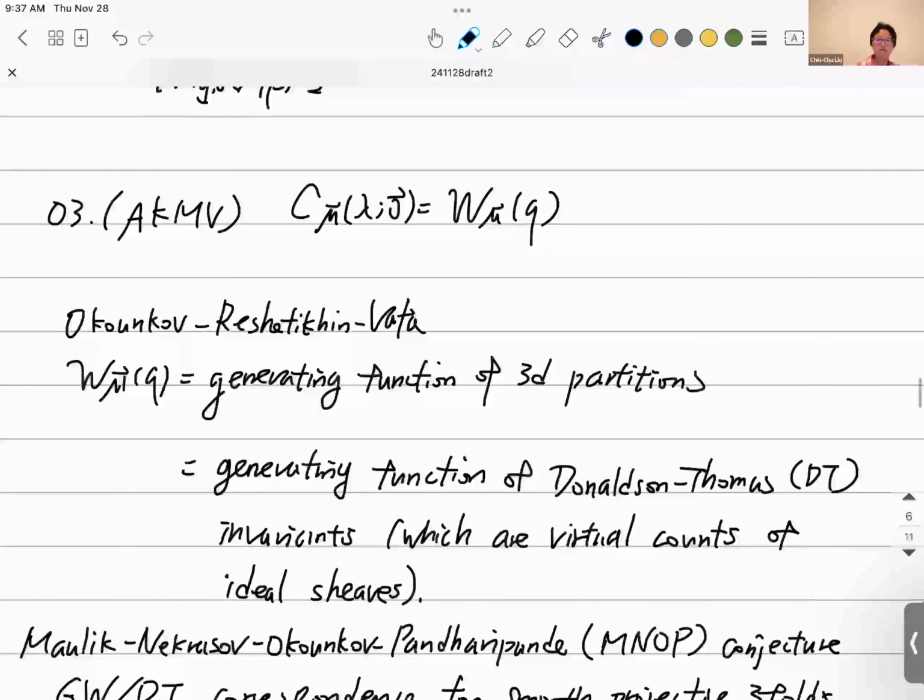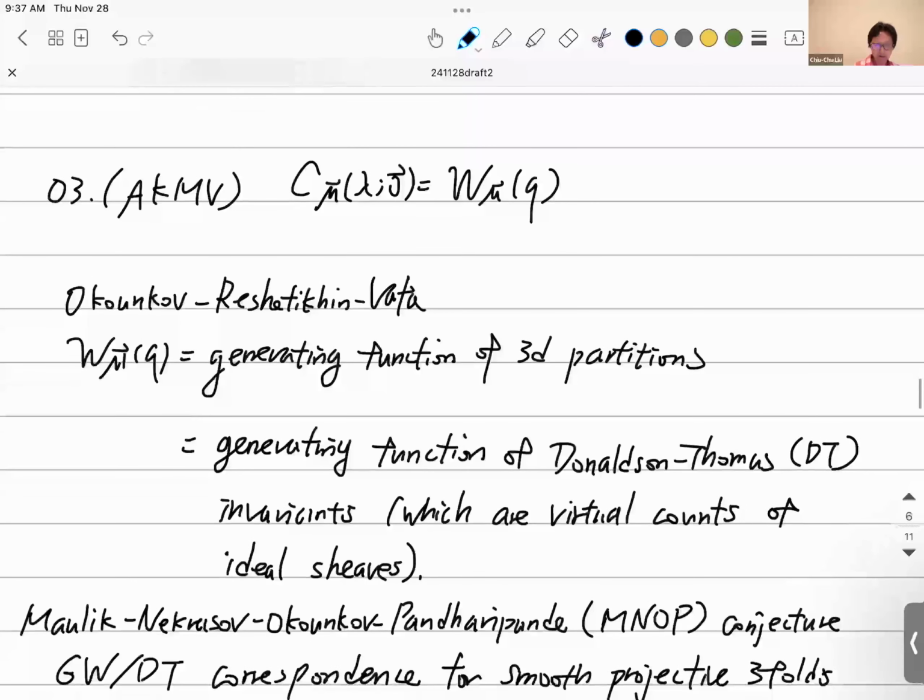And finally, for the third part, the closed formula. Now I want to say a few more words about the relationship between the topological vertex and the Gromov-Witten-Donaldson-Thomas correspondence.